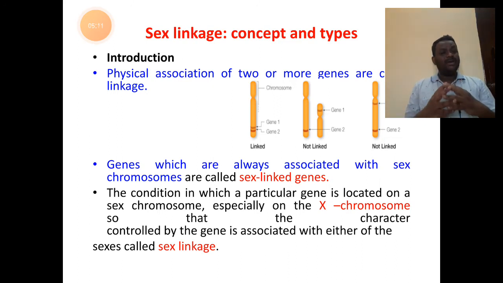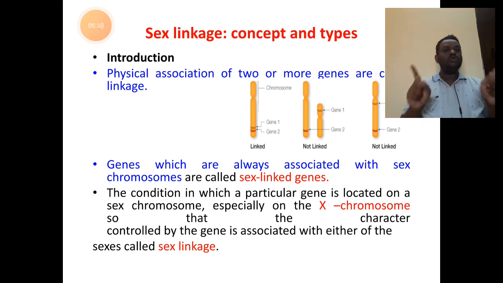Genes that are associated with X chromosomes are called sex linkage or X-linked genes. Generally, the X chromosome is common for both males and females, hence we also call X chromosomal linkage sex linkage.